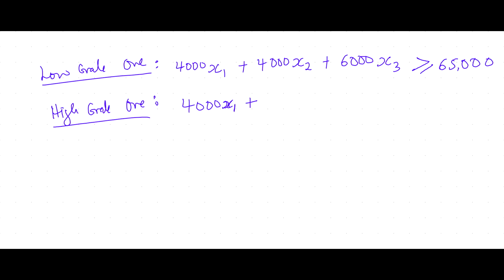So 6,000 tons in a day times the number of days that is being produced. Then mine 3 is 1,000, right? And again, the mine is committed to 54,000 tons of high grade ore. So it means that the mine wants to produce something which is greater than or equal to 54,000.